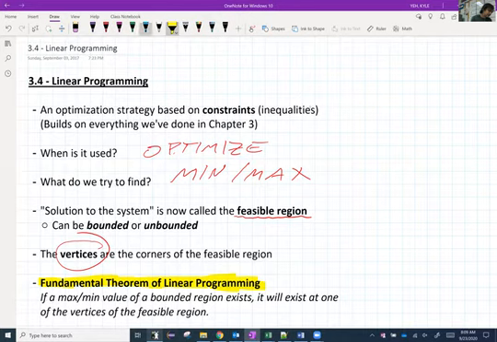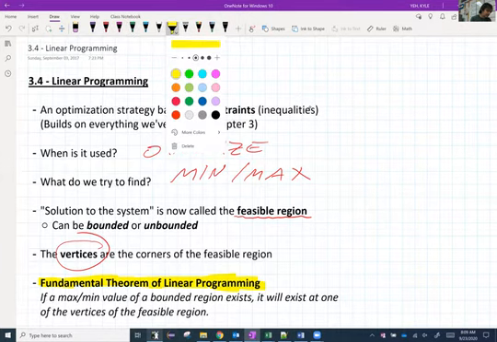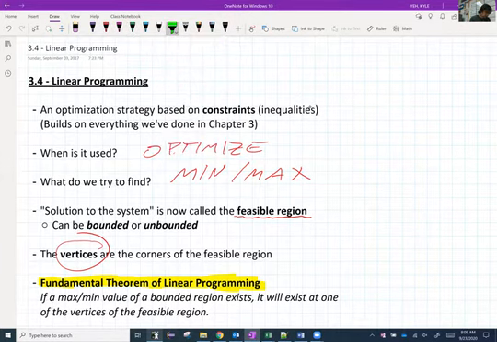So let me break this down for just one second. We already said that we're looking for mins and maxes. So if the thing we're looking for exists of a bounded region, then it has to exist at one of the vertices. Now, this is actually really good news for us.